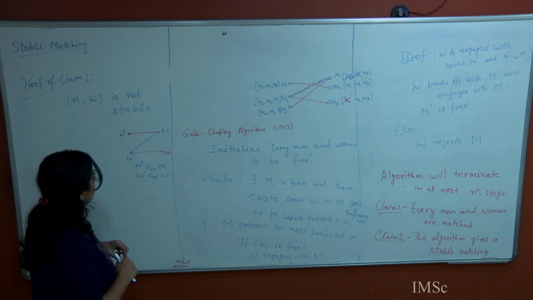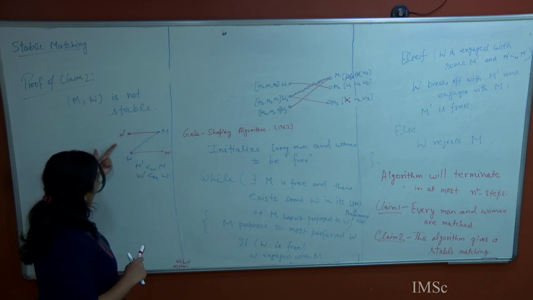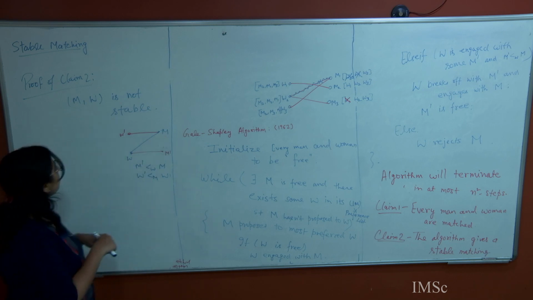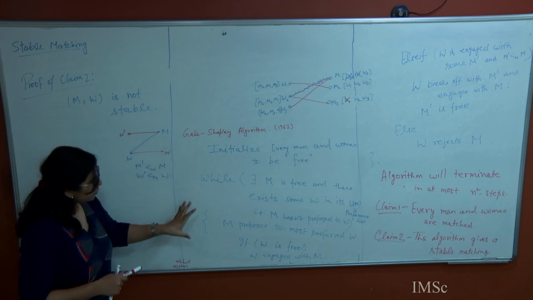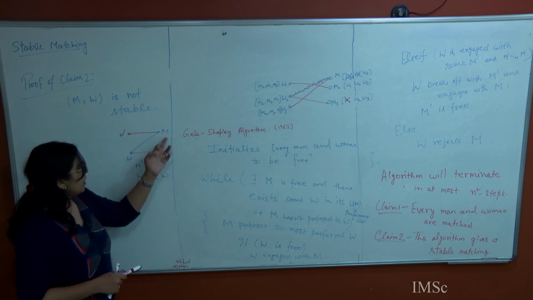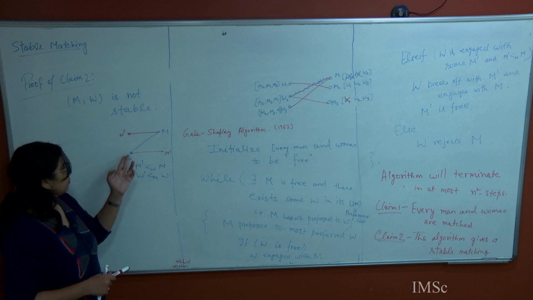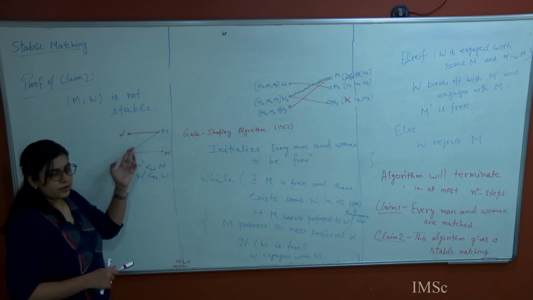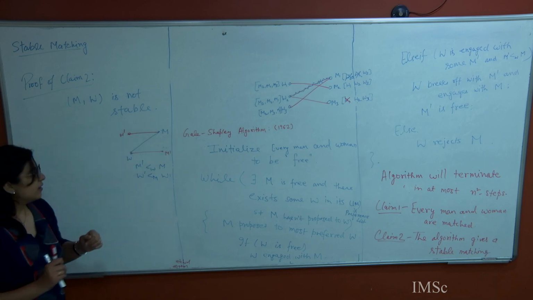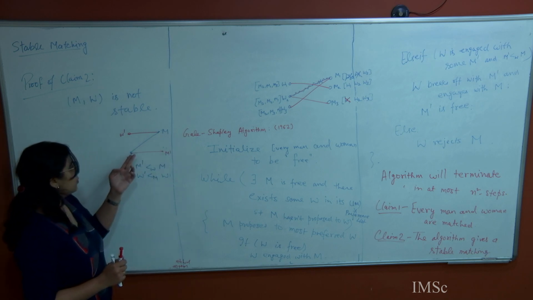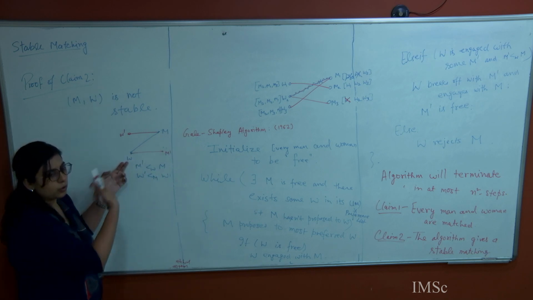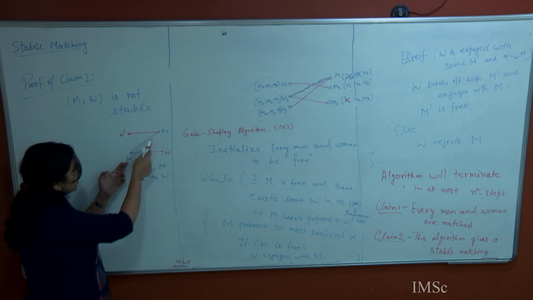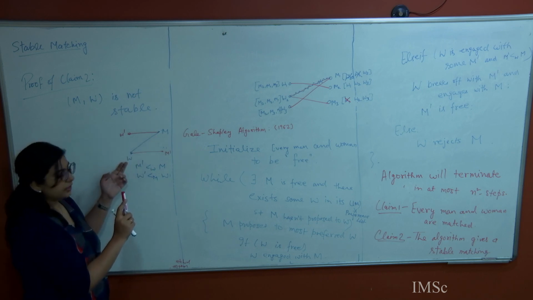So, what will we say now? Yeah. So, if MW is not stable, but look at the algorithm. M is matched with W prime, but W is more preferable for M. So, what does it mean? M has already proposed to W, and W rejected. Yes. So, by the algorithm M must have proposed to W first, because W is more preferable than W prime, and because M is not matched with her, that means W rejected M, right.